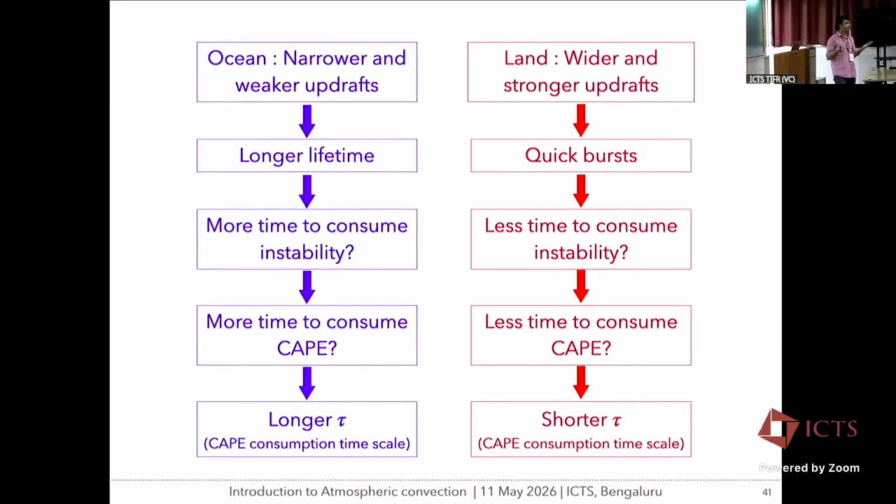We can continue to discuss that this parameter tau, the time scale to consume instability in the atmosphere, is pretty relaxed. I mean, it's a chill guy. You can give it any value and the model doesn't crash. It continues to run. So people like Vishal, I think you did tau with infinite value, right?